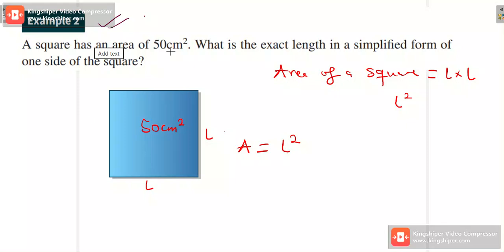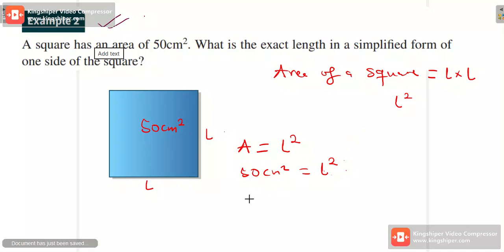But from the question, the area is 50 cm squared. So 50 cm squared is equal to L squared. We all know that L squared simply means L times L. So the question you ask yourself is: what are the two same values that you will multiply to get 50?